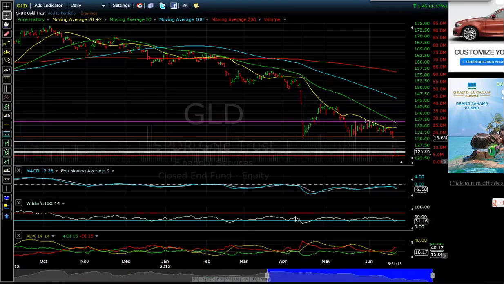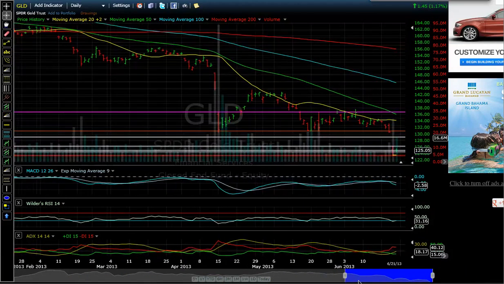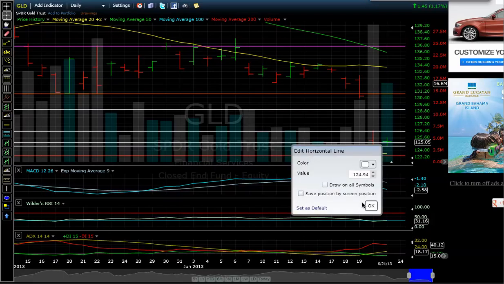So we know these two levels here we just drew. We are looking for the stock to maintain the 124.94 level. That's what we're looking for it to maintain. It has to maintain that level. Now it could break through that level to retest the other white line.